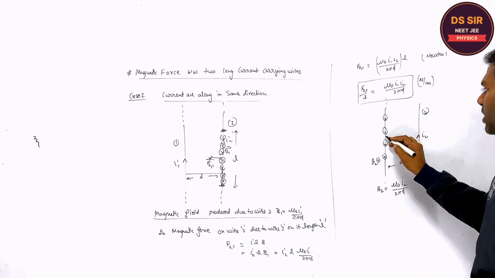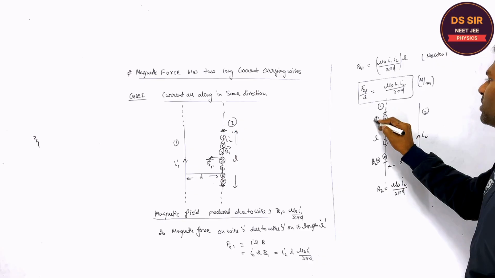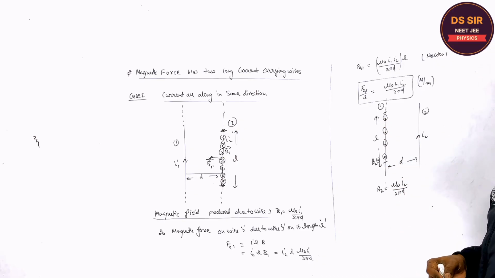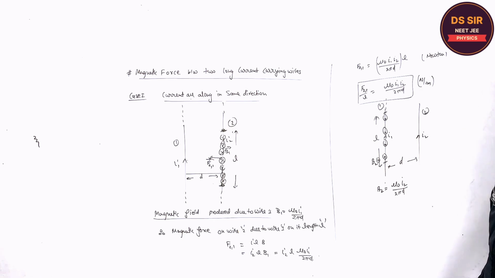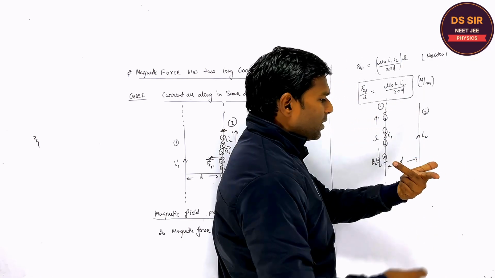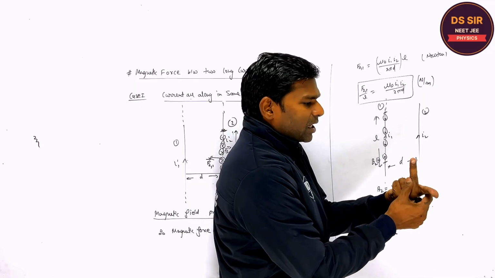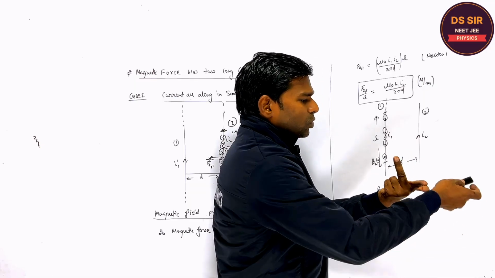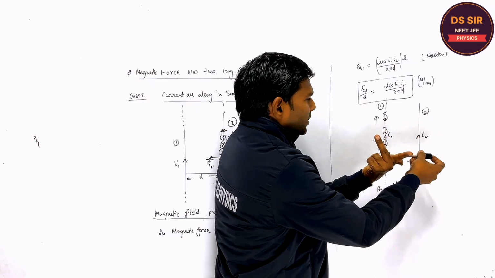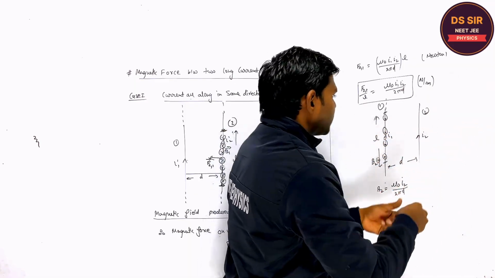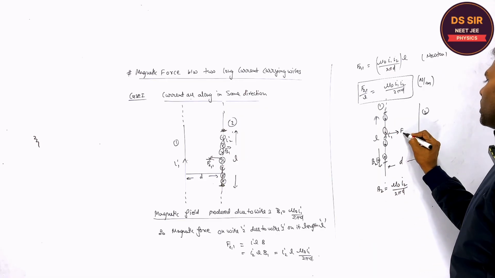Now you consider the length L of wire 1, and the current is I1 in this direction. The magnetic field is out of the board. So where will the magnetic force act upon this wire? Towards the right.